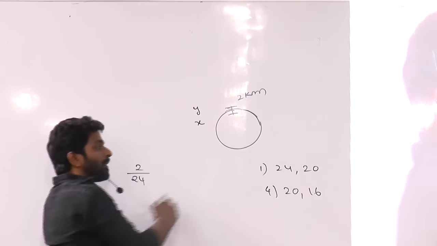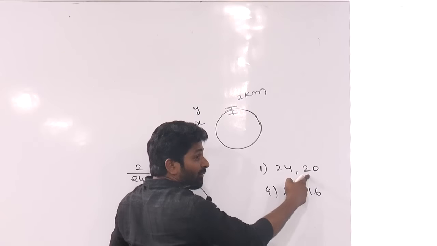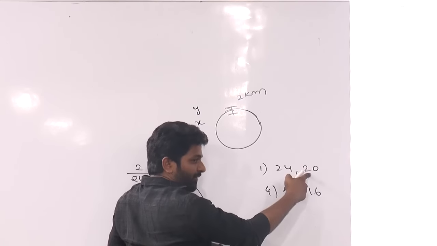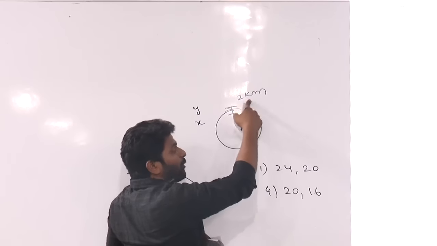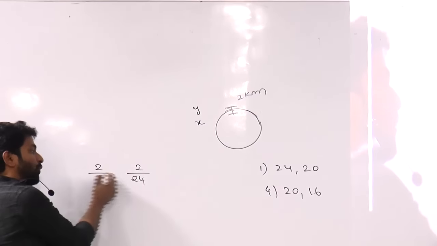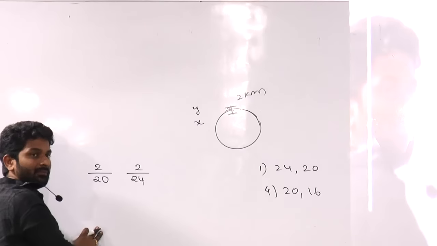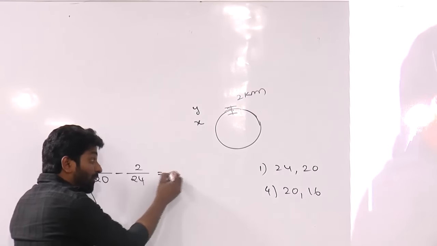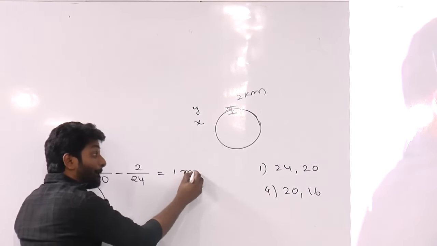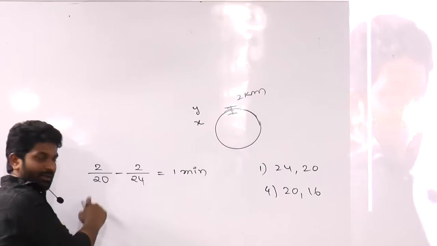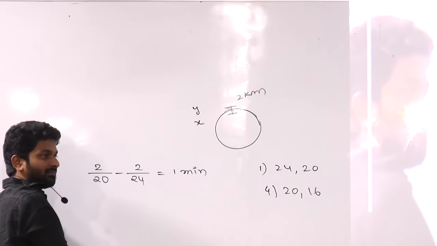Right? And time taken by the slower one to reach starting point with the speed 20 kilometer per hour, he needs to travel 2 kilometers. So that will be 2 by 20. And this difference should be equal to 1 minute. If satisfies, this is my answer.